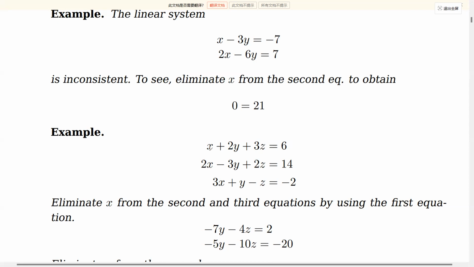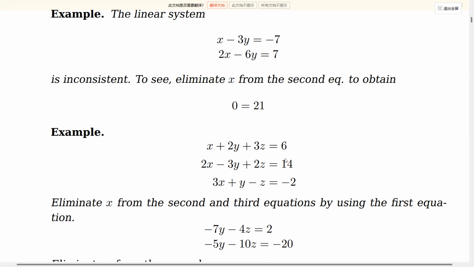Okay. So if you multiply the first equation by -2, you're going to get -2x minus 4y minus 6z equals -12. And then you add it to the second equation: the -2x and 2x will cancel, and -4y and -3y will make -7y, and -6z and 2z will make -4z.